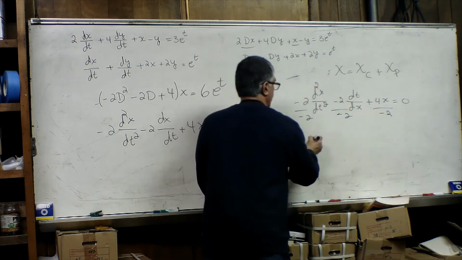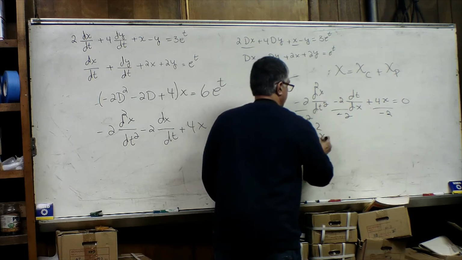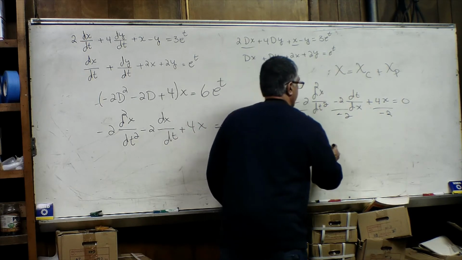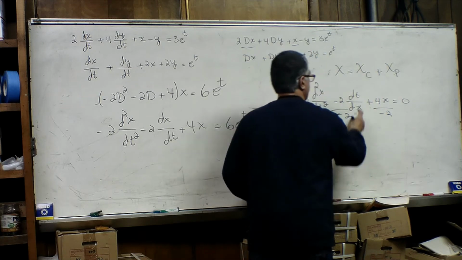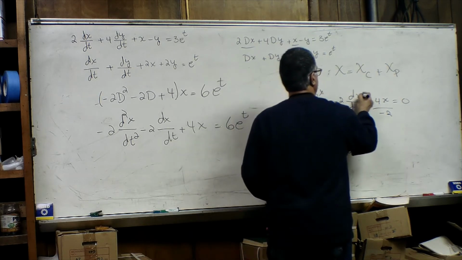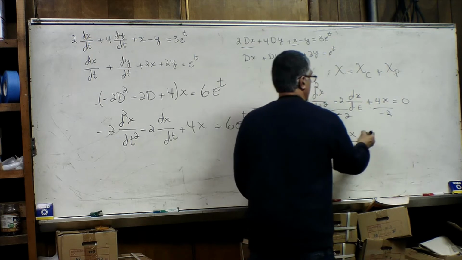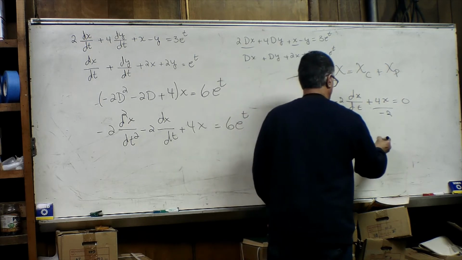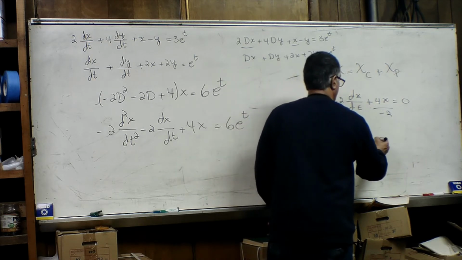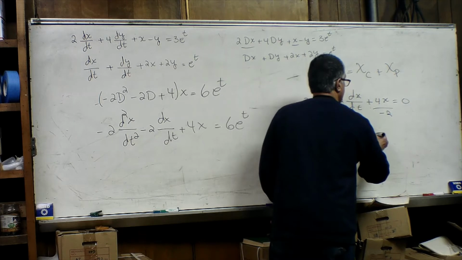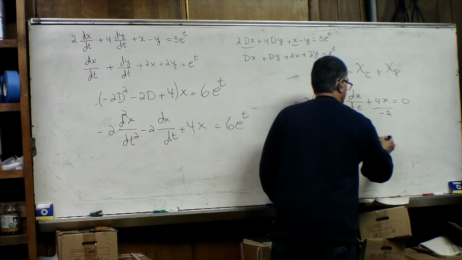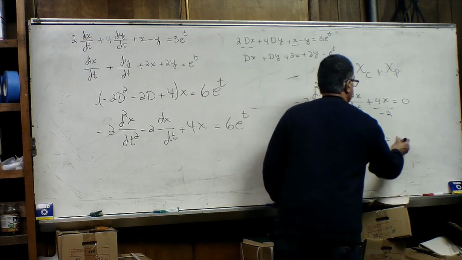So we are going to have d squared x over dt squared plus dx/dt minus 2x is equal to 0.